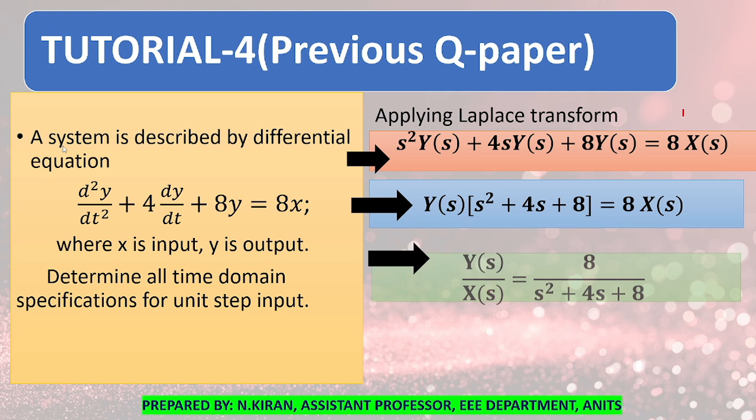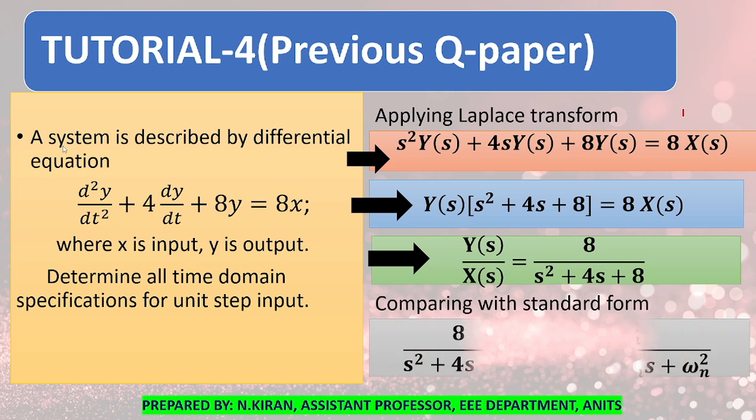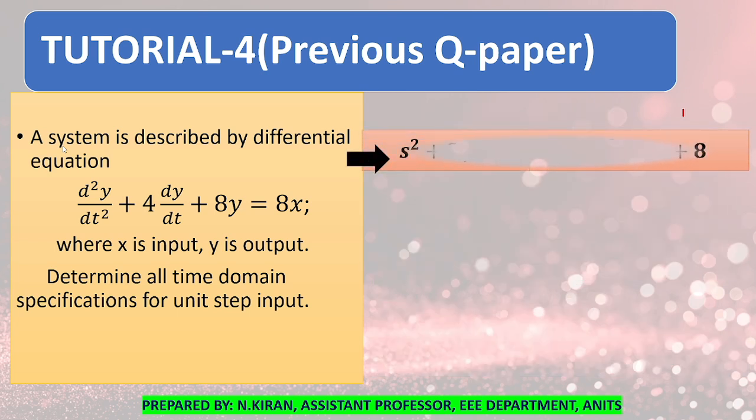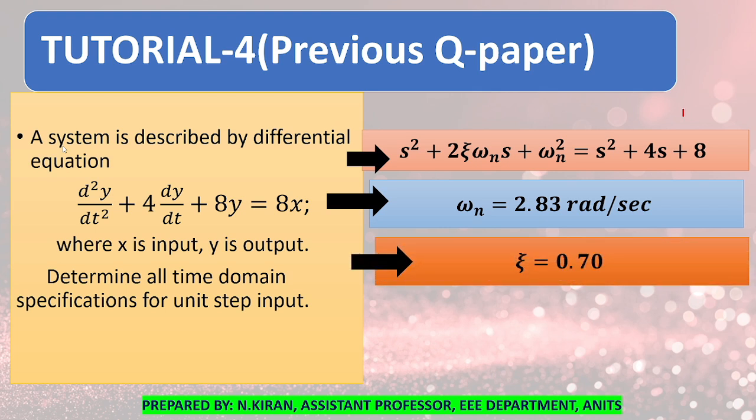That will give me my transfer function Y of s by X of s as 8 by s square plus 4s plus 8. Comparing this with my standard form and finding the values of zeta and omega n, that will give me the value of omega n as 2.83 radians per second and zeta value as 0.70.